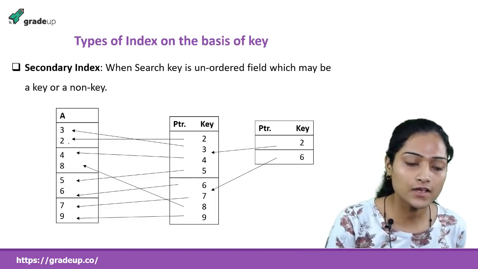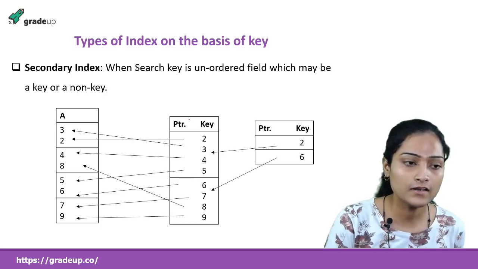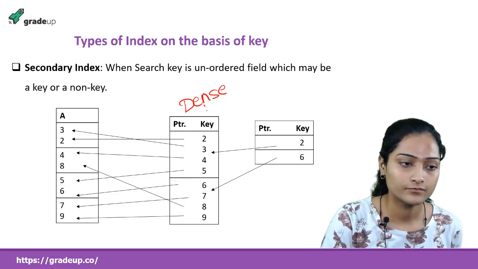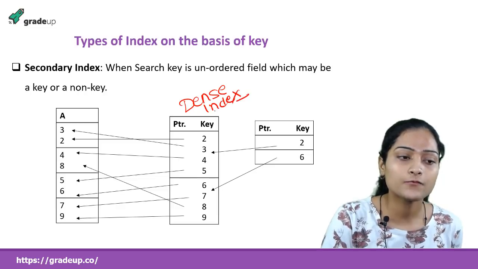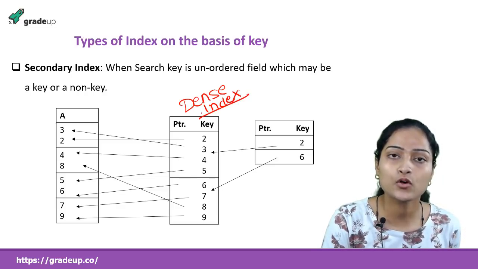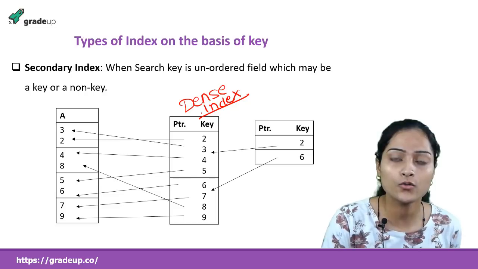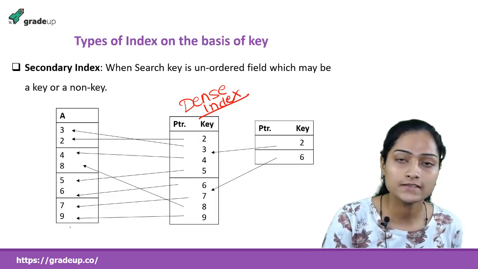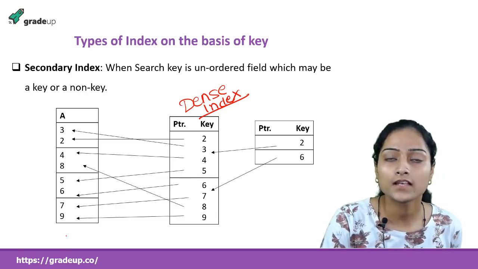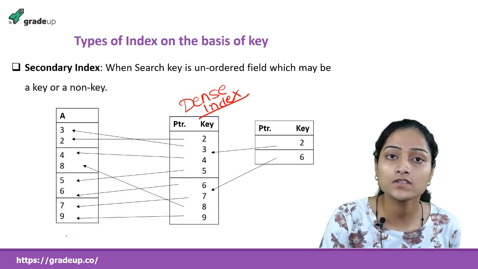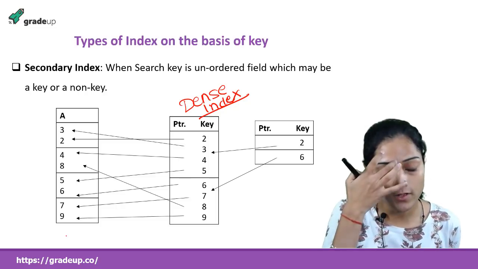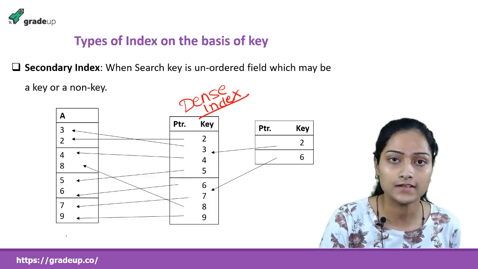The index we build on a non-ordered field will be a dense index. The first level will be a dense index because key fields are not ordered. You cannot start with 2 and go to 4, 6, 7. You cannot specify the sequence in which you can get the data, so you cannot use a sparse index here.